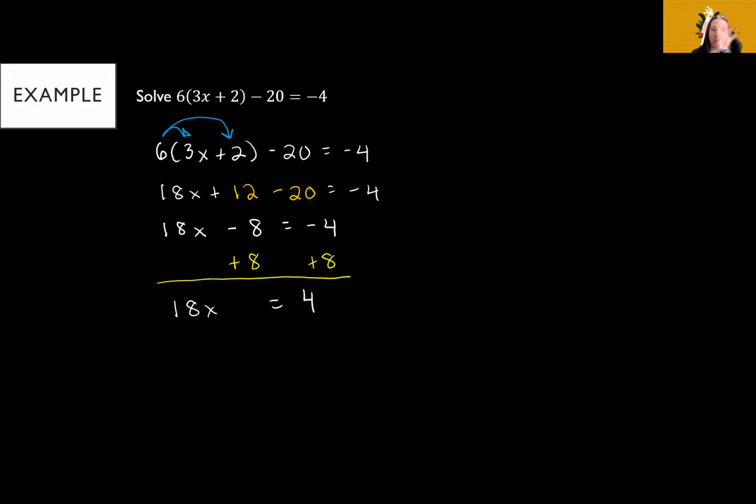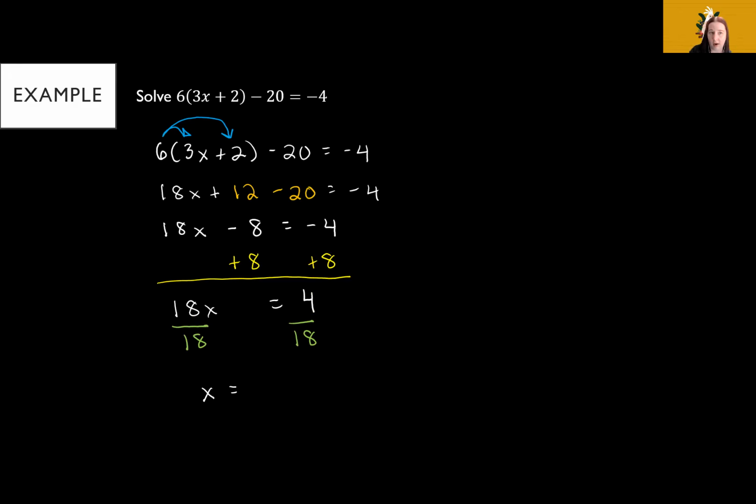Now that we have something equals something, I want to have just x. I need to get rid of the 18 in front. So this is where we divide, and we divide both sides by 18. And we get x equals, and then you have 4 over 18. So that doesn't divide evenly. That would give us a decimal.